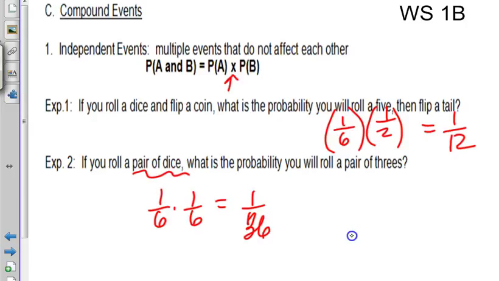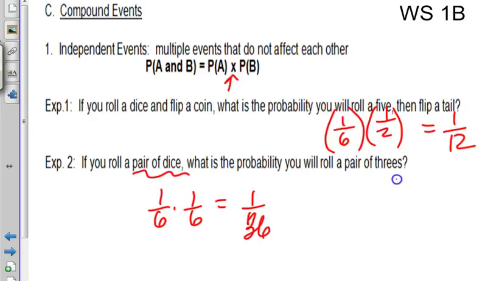It's still not dependent; what one die lands on doesn't affect the other, but you'd have a bigger sample space because you'd have 36 ways they could land, 6 for each die. And you'd have to add up the total number of ways you could get it.